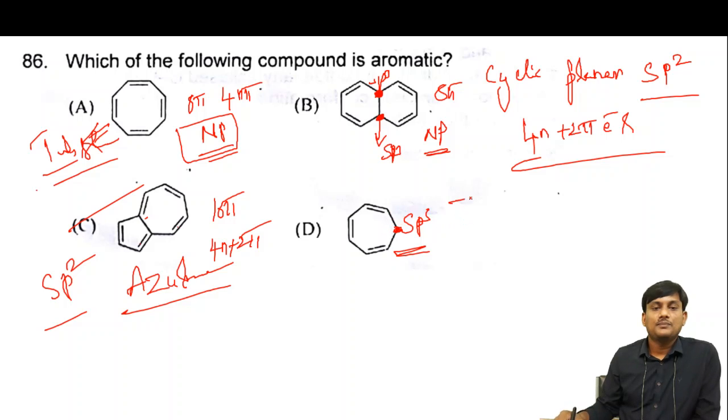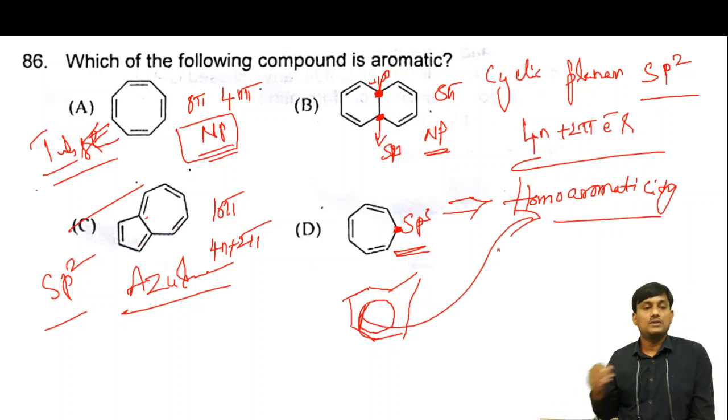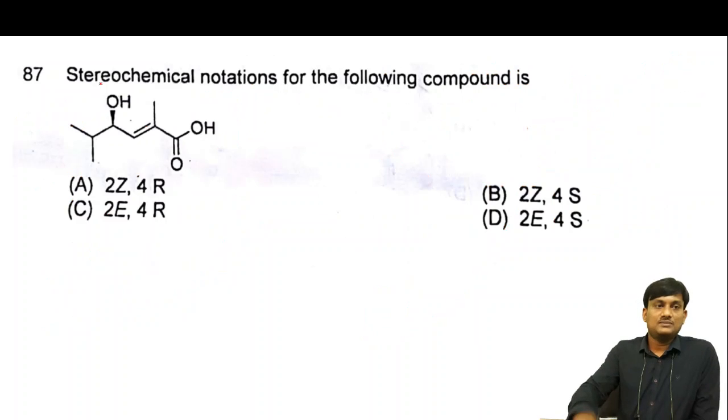It's homoaromaticity. Here there is a delocalization of 6 pi electrons, and this sp3 hybridized carbon will be above or below the plane. It's a homoaromatic compound. So which one is aromatic? C1 is the aromatic compound.